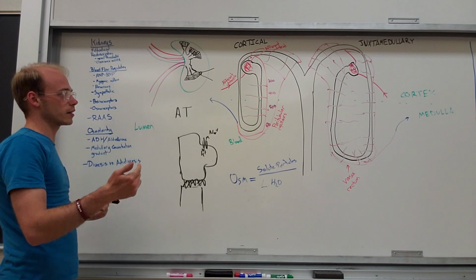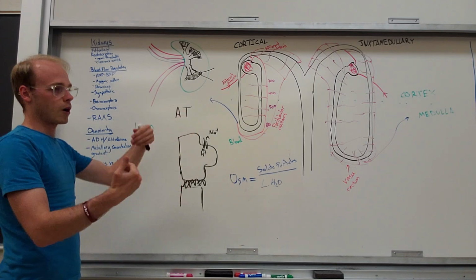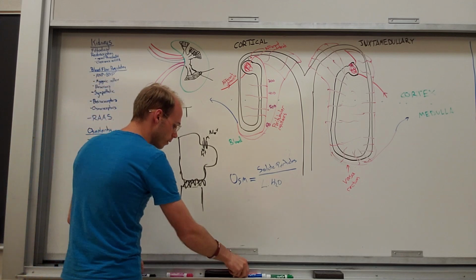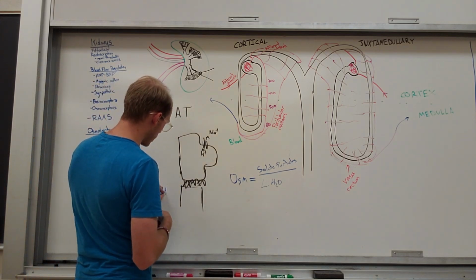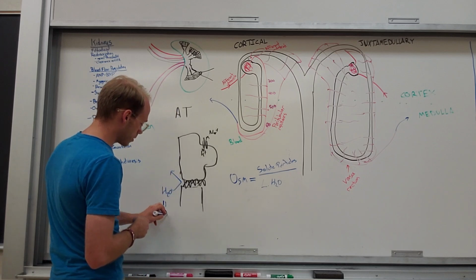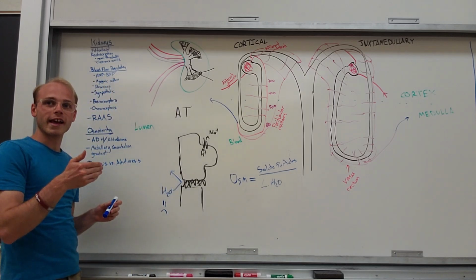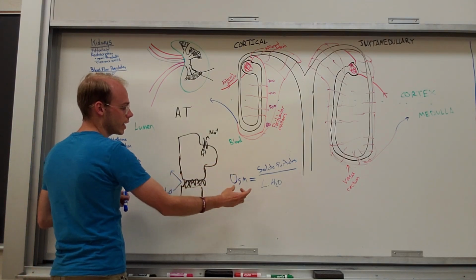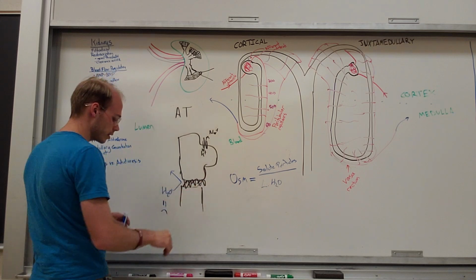These cells, unlike the cells in the descending loop, are much tighter packed together, and the water that's still out here cannot, I'm going to draw a little sad face, water can't exit the lumen and go into the blood. So we're keeping our concentration of water the same.